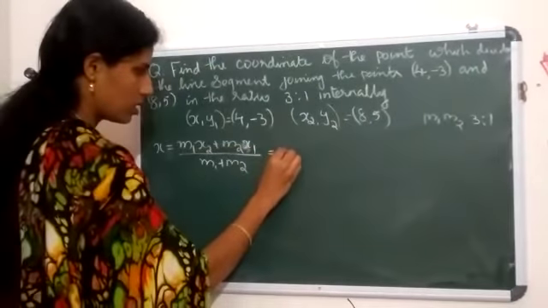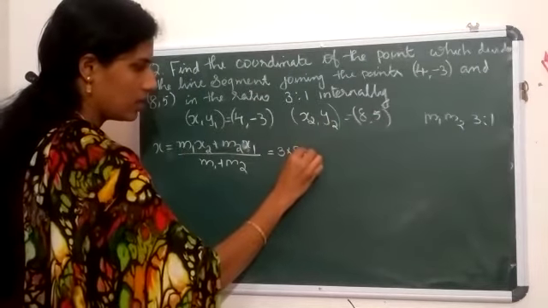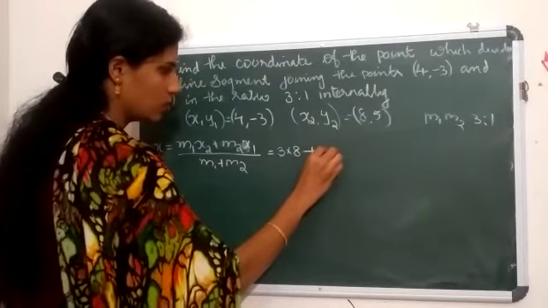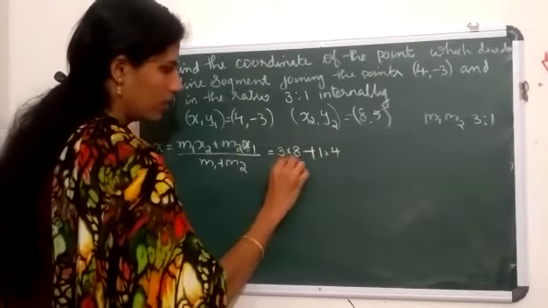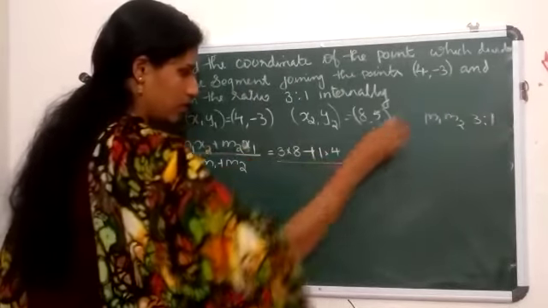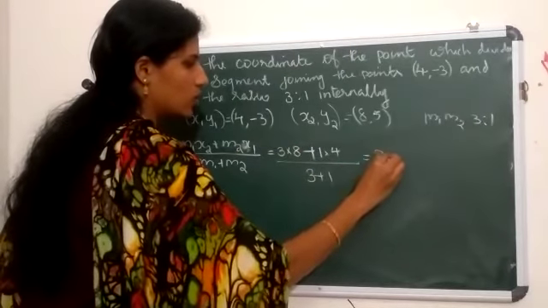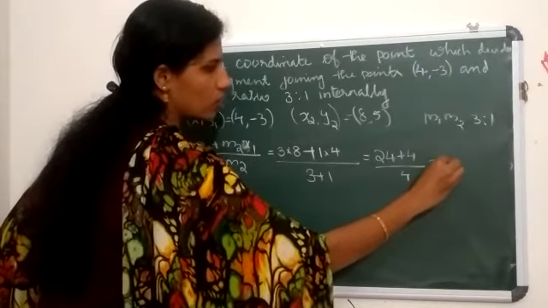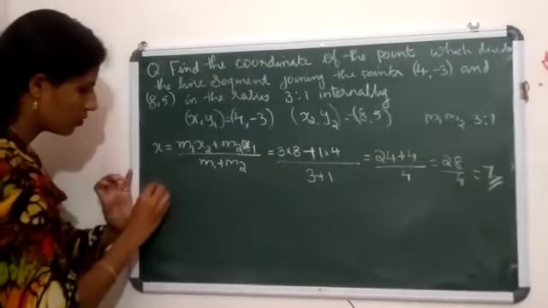So 3 into x2, we have 8, plus what is m2? m2 is 1, into what is our x1? x1 is 4, divided by m1 plus m2, 3 plus 1, that is equal to 24 plus 4 divided by 4, that is equal to 28 by 4 equal to 7. Now we are going to find the y coordinate.